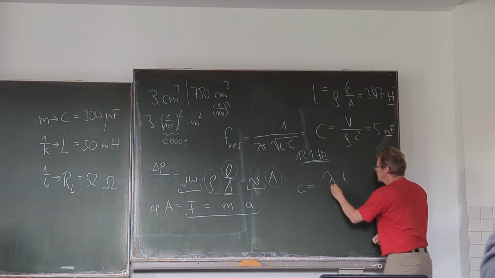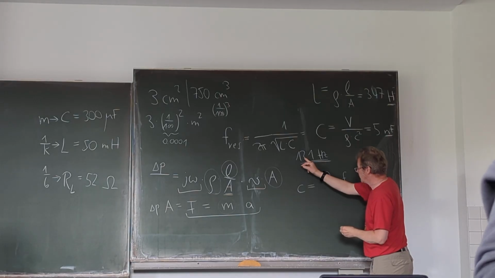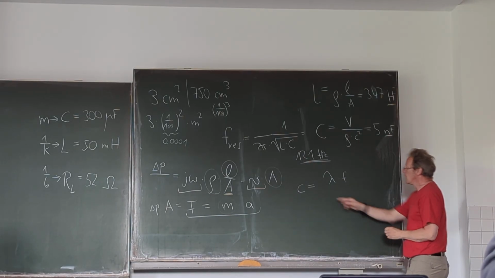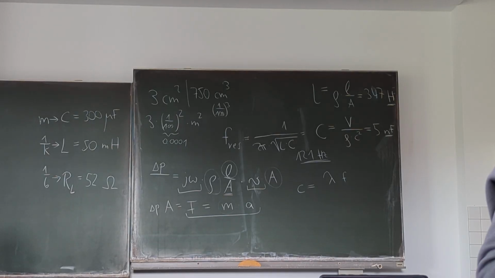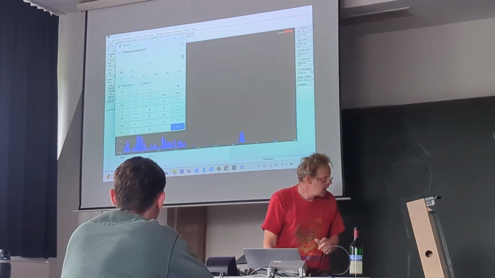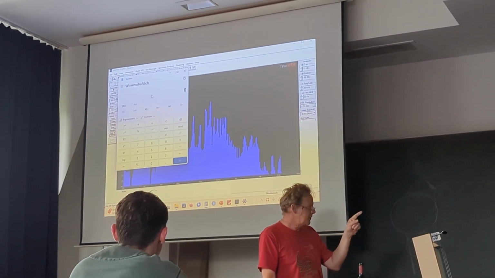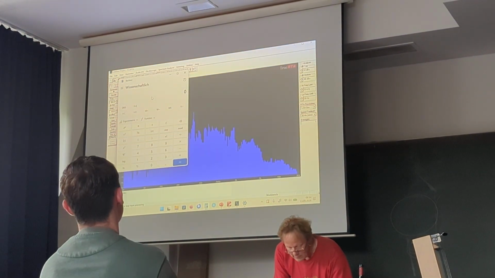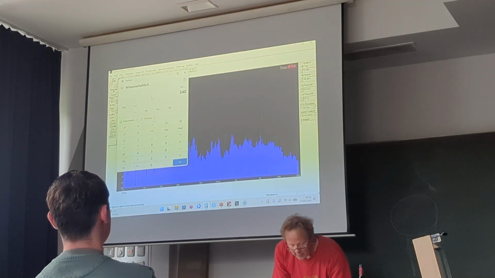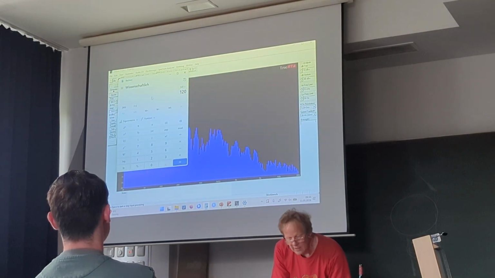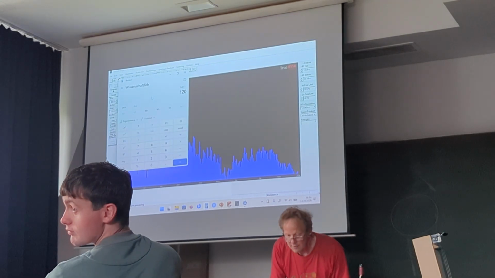So going back, we are interested in the wavelength of this frequency. And here we said the speed of sound is around 340 meters per second. So the wavelength is c divided by frequency: 340 meters per second divided by 120 hertz.